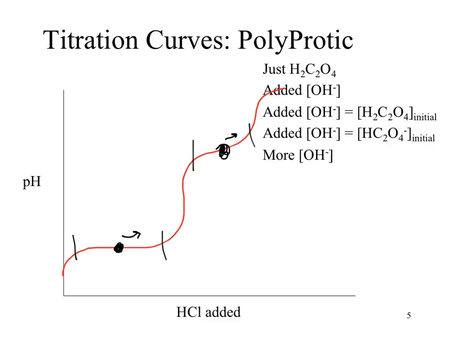What happens if I add acid? The pH goes down ever so slightly. And that's because at that position, for the bottom one, we have our oxalic acid, H2C2O4, in equilibrium with our hydrogen oxalate. So when we add base, yes, it removes the hydrogen ion and our pH goes up a little bit.